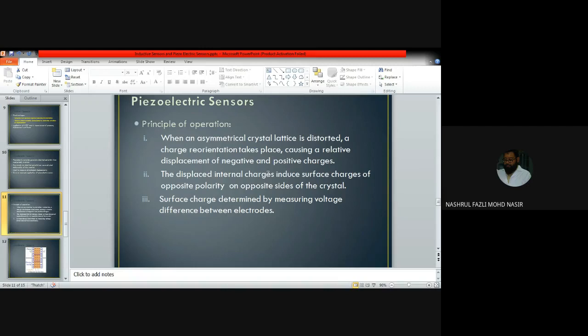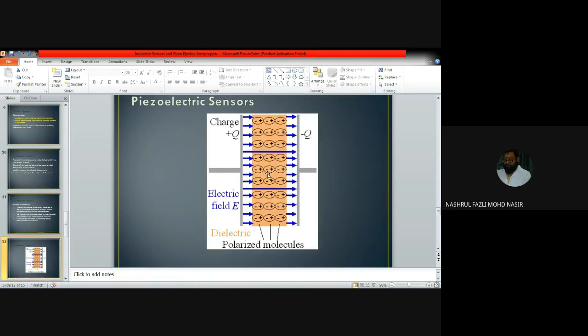The displaced internal charges induce surface charges of opposite polarity on opposite sides of the crystal. You can measure the voltage difference between the electrodes, so the surface charge is determined by measuring the voltage difference between electrodes.